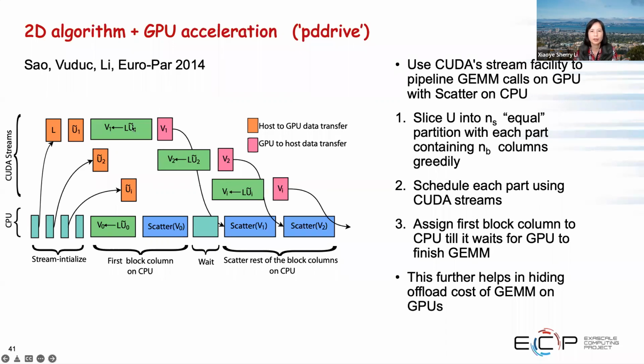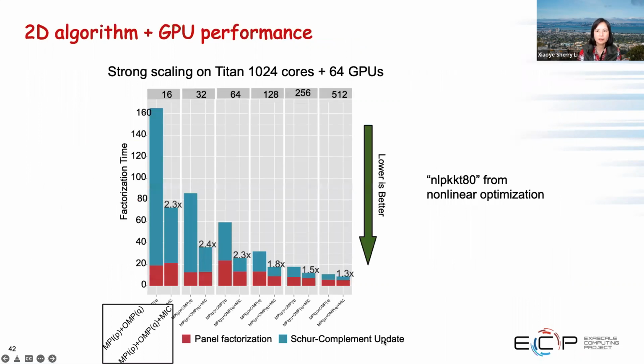So you have to use multiple streams to get this to work efficiently. And in the code, there's a parameter called the number of CUDA streams that you can change to change the number of slices you are doing. And from the algorithm point of view, it's pretty easy to think about conceptually.